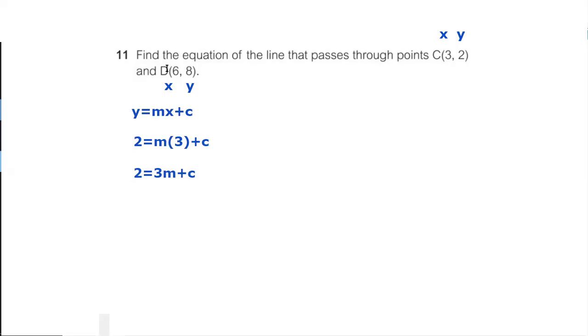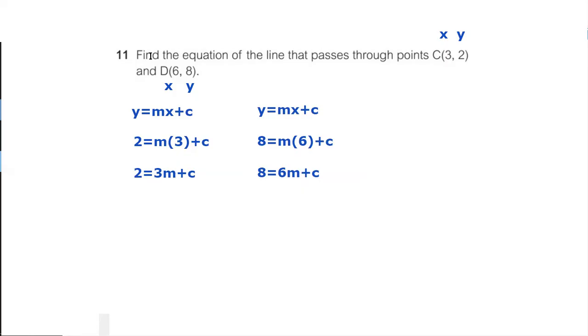Now, the second equation will be with the second point. x is 6 and y is 8. Same idea, I'm going to use y equals mx plus c, and the y is 8, so 8 equals m multiplied by the x, which is 6, and then plus c. To simplify it more, 8 equals 6m plus c.